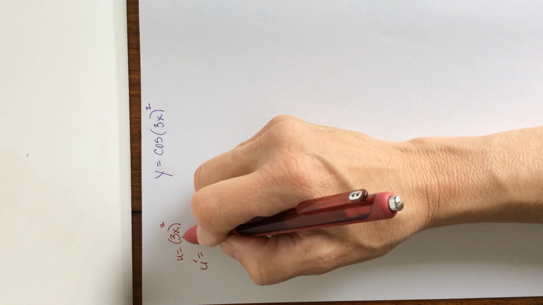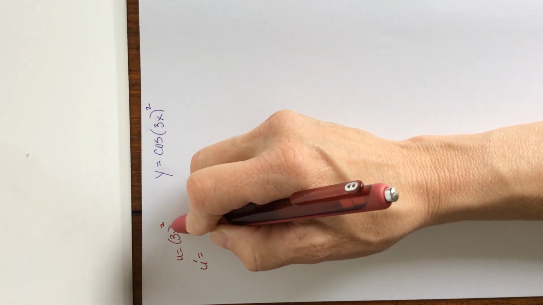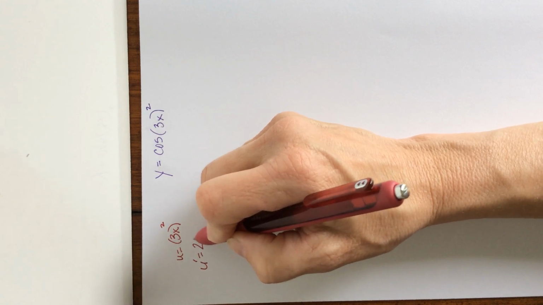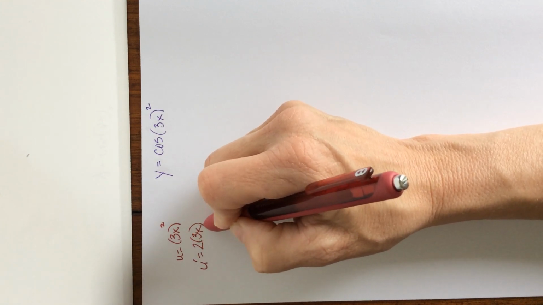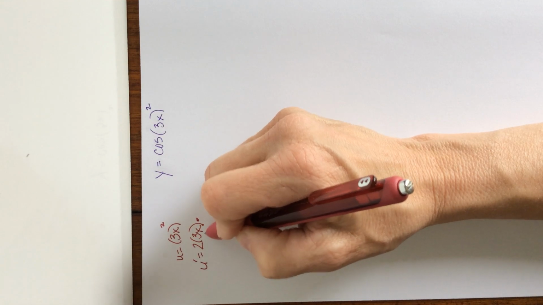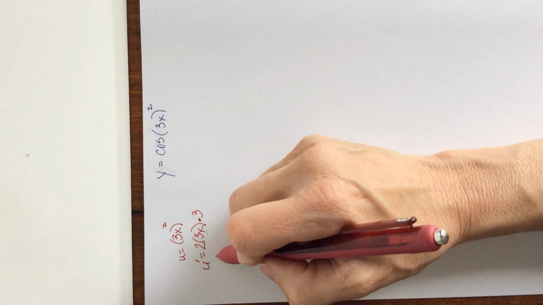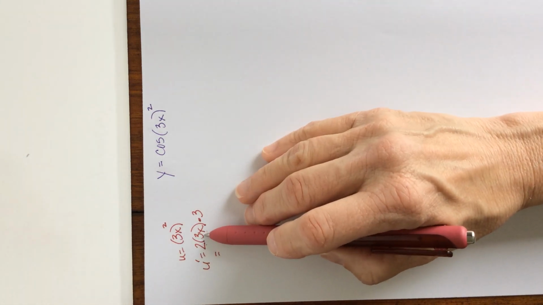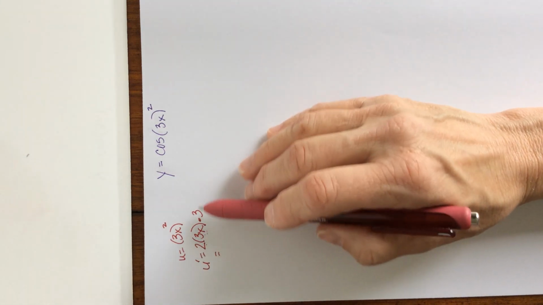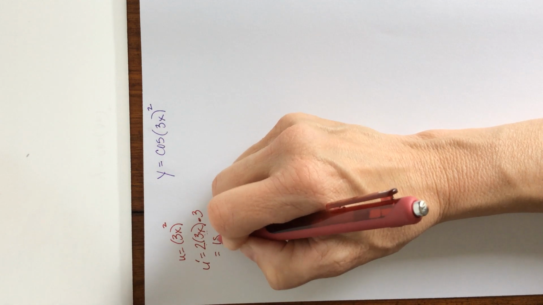So the derivative of the quantity of 3x squared will be 2 times 3x to the first times the derivative of 3x, which is 3. And so that turns out to be 2 times 3 is 6, and 6 times 3 is 18, so that's 18x.